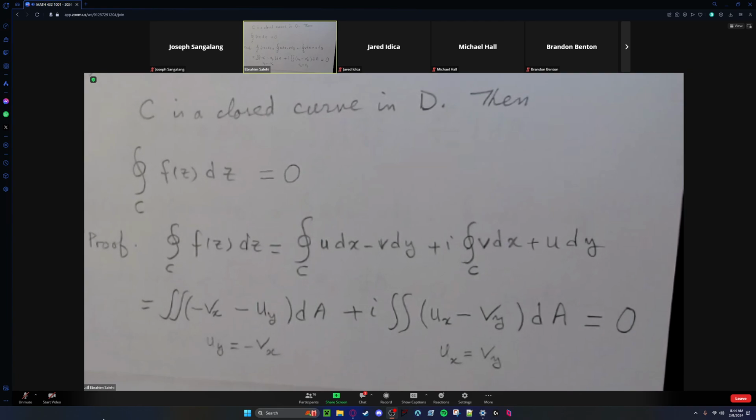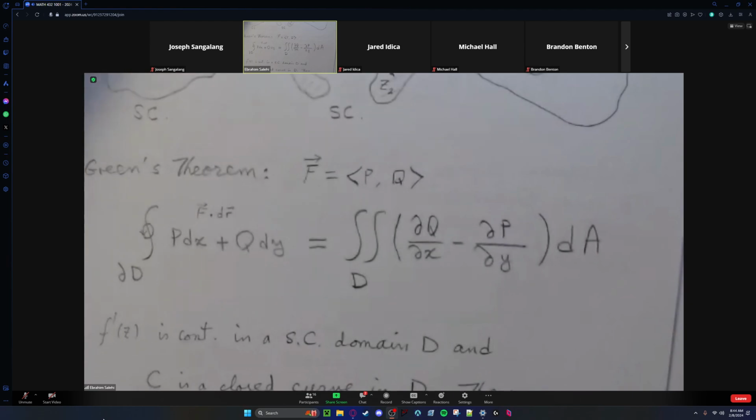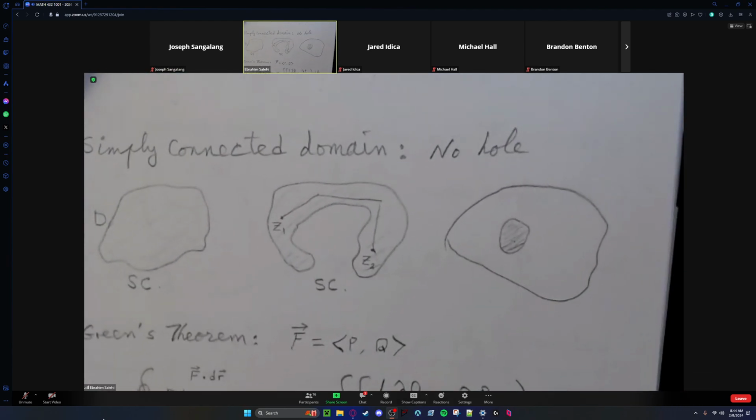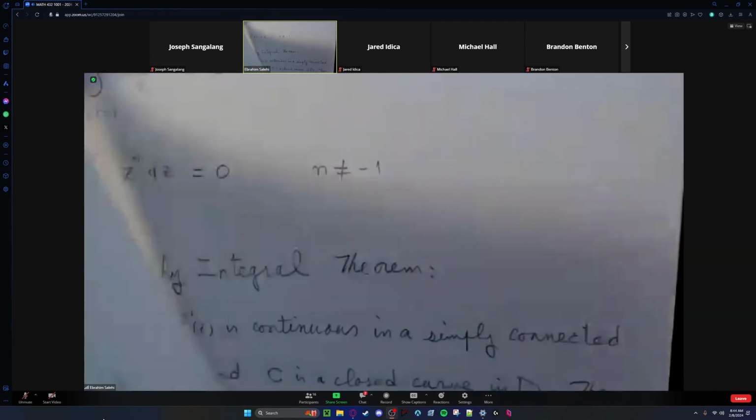As soon as you are integrating a nice function over a closed curve, the result is zero. Okay, the result is zero. That is Cauchy's integral theorem.